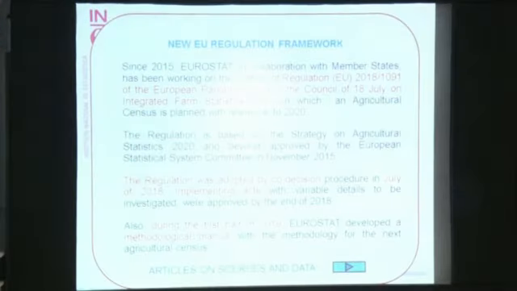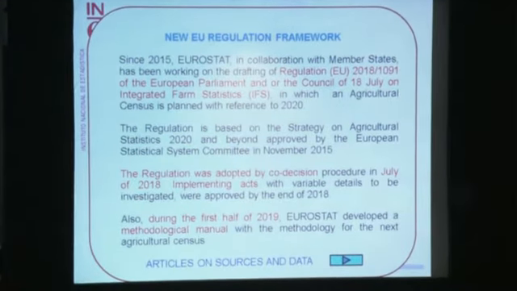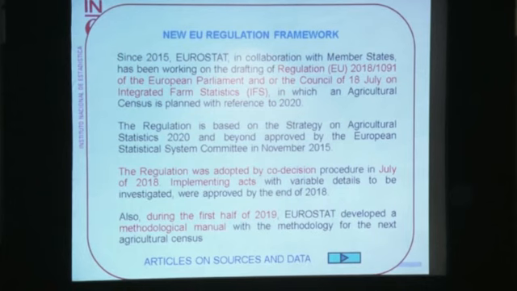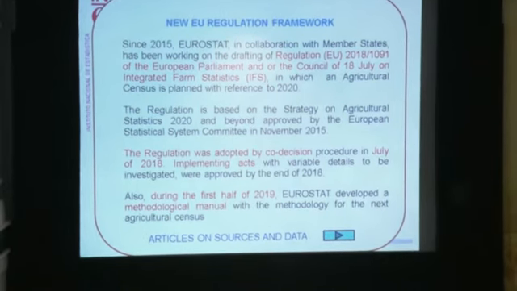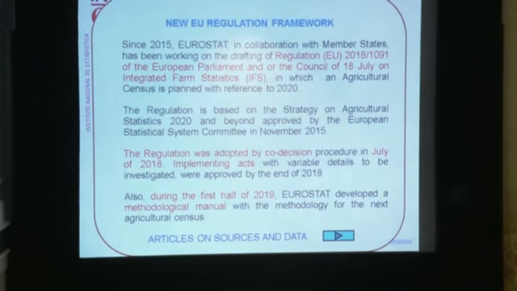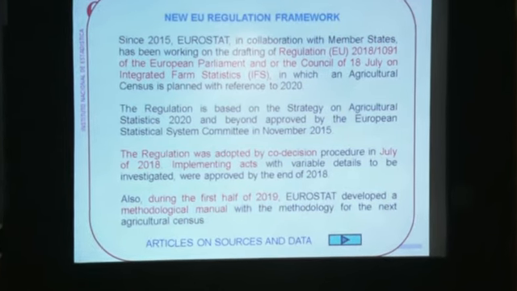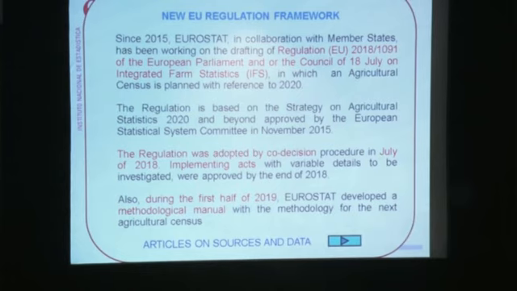Well, our census is based on a European Union regulation. This is a 2018 regulation, which was approved by the European Union Parliament and the European Union Council in this year. Let me underline 2 main issues of this regulation.